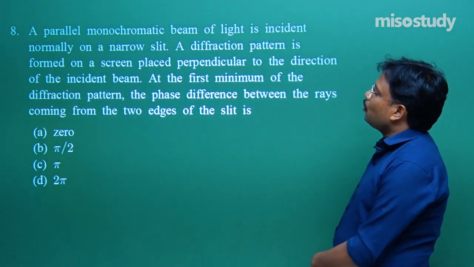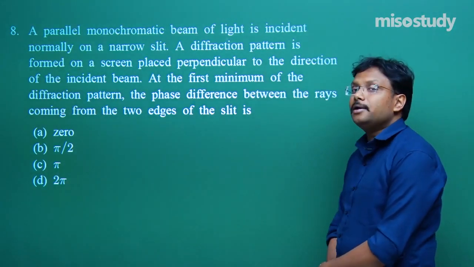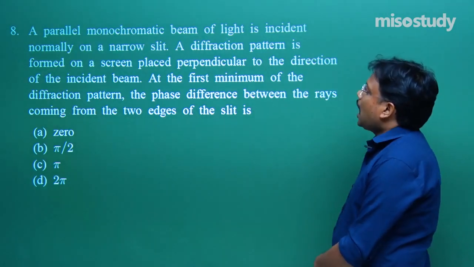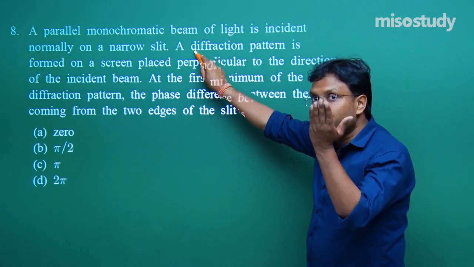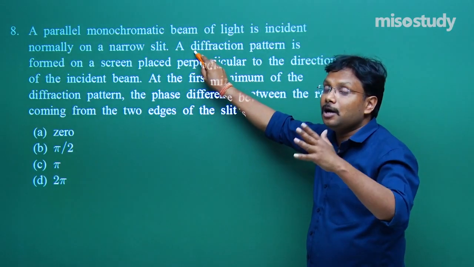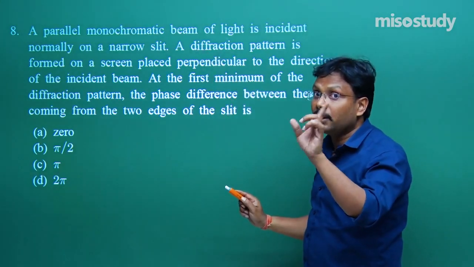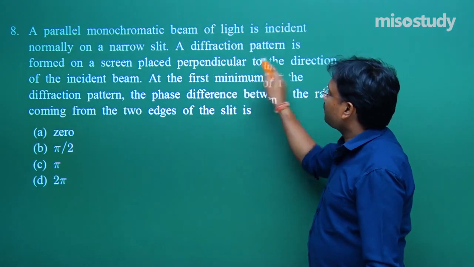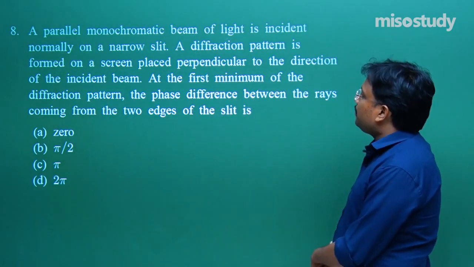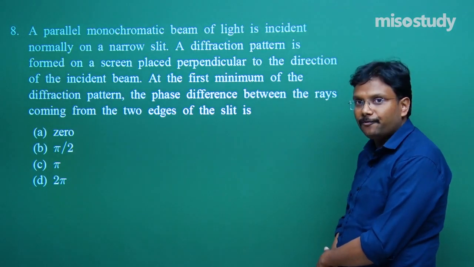A parallel monochromatic beam of light is incident normally on a narrow slit, okay. A diffraction pattern is formed. Be careful, we are in a new world, a different country, that is diffraction, not interference, not Young's double slit. So a diffraction pattern is formed on a screen placed perpendicular to the direction of the incident beam, fine.